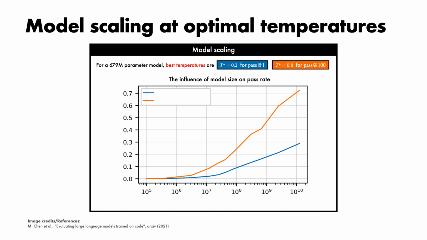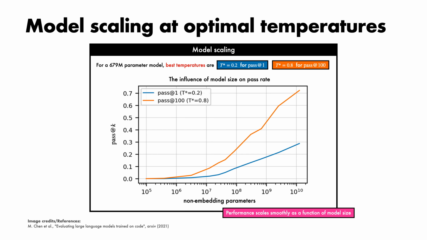Here we have the number of non-embedding parameters on the x-axis in log scale, and pass@k on the y-axis. The blue line depicts pass@1 at a temperature of 0.2, and the orange line depicts pass@100 at a temperature of 0.8. At these temperatures, we observe that performance under the pass@1 and pass@100 metrics scale relatively smoothly as a function of model size.